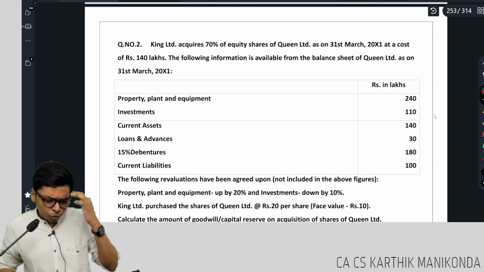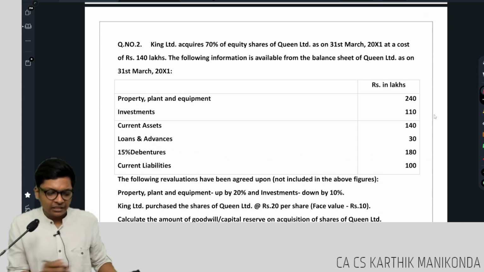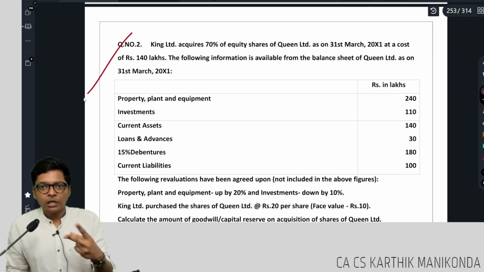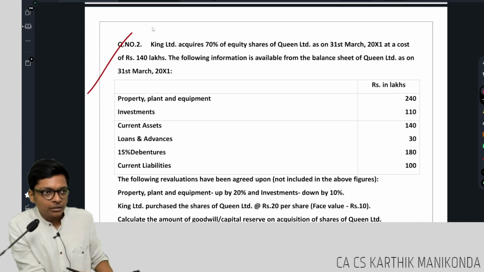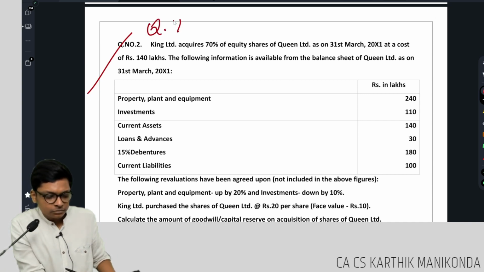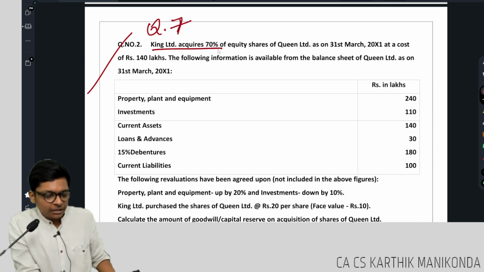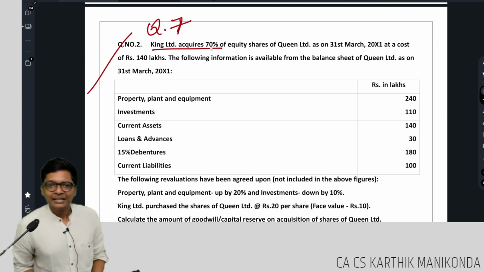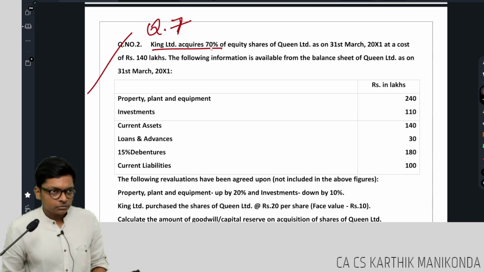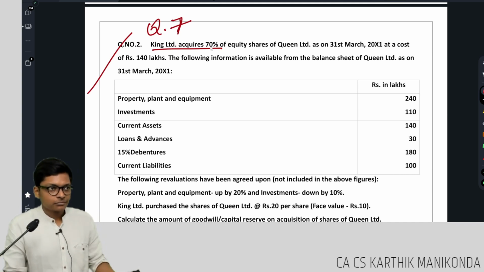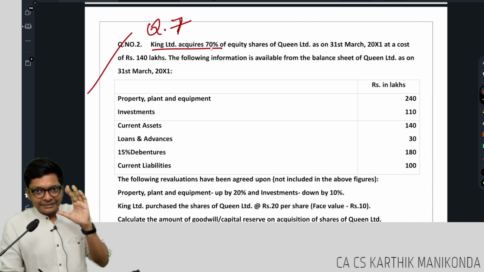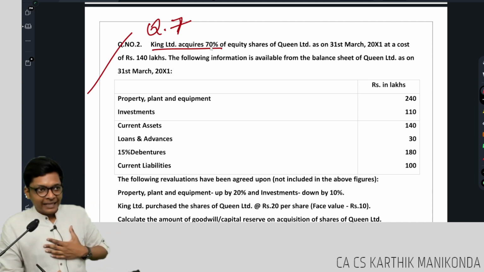Super. We can do both the sums, guys. First to do practical question 2, guys. For you guys, it's question number 18 or 19 now? 17 now. King Limited. Okay, question number 7. I want the regular batch students to give me the answer.